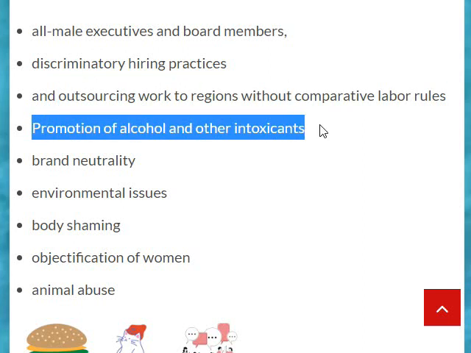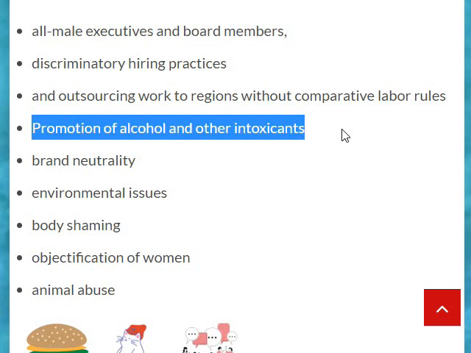Then promotion of alcohol and other intoxicants is also not considered a good practice, more so because children and teenagers are more impressionable. They get affected when alcohol and other intoxicants are promoted in a way that these things are considered cool, or something which is in fashion, in style.